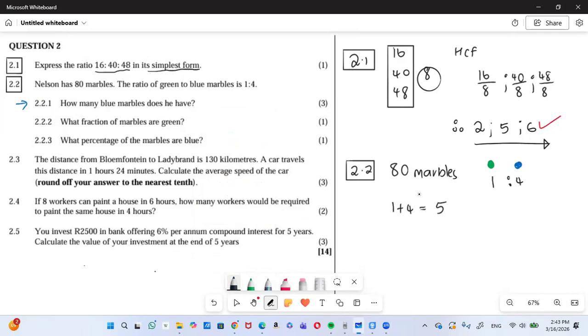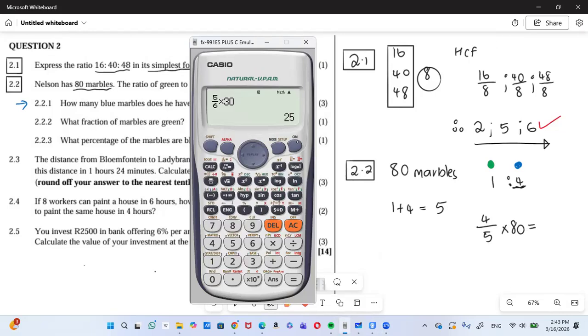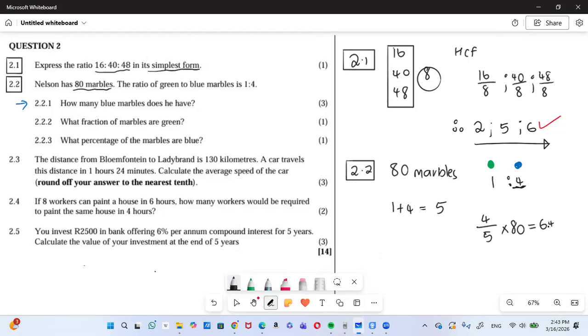Out of these 5, 4 should be blue, so we say 4 over 5. Then we multiply that by the 80 marbles, and that's how we get our answer. Let's go to our calculator. We have 4 over 5, then we multiply by 80, and we see that 64 marbles are blue marbles.